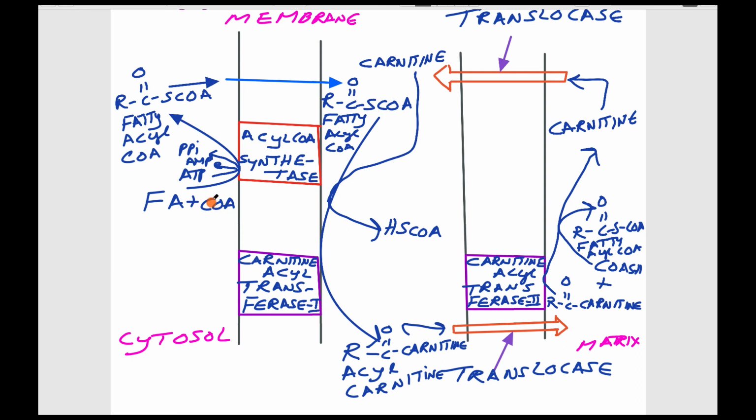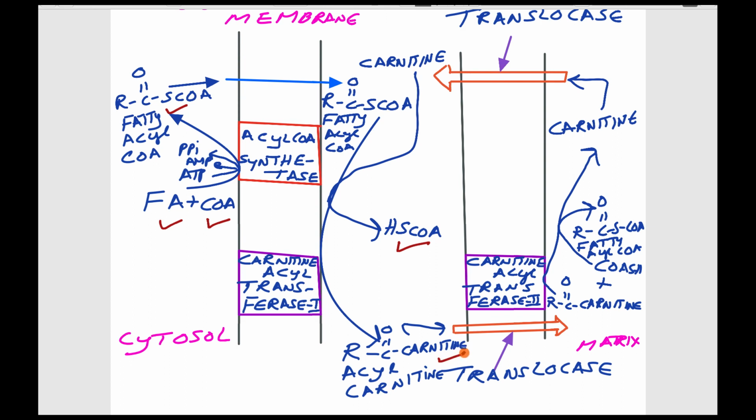What happens at the cytosolic site? Fatty acid and coenzyme A in the presence of ATP lead to fatty acyl coenzyme A. That is transported into the intermembrane space, where it combines with carnitine available there, releasing coenzyme A, by the action of carnitine acyl transferase 1 leading to acyl carnitine.